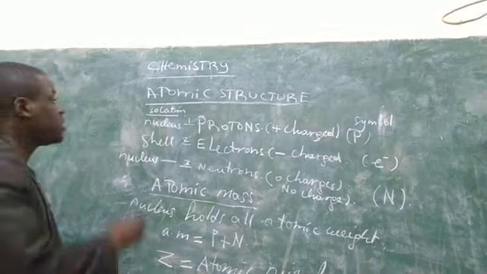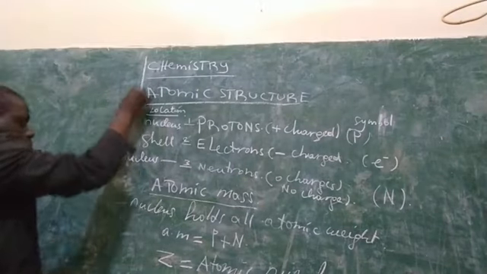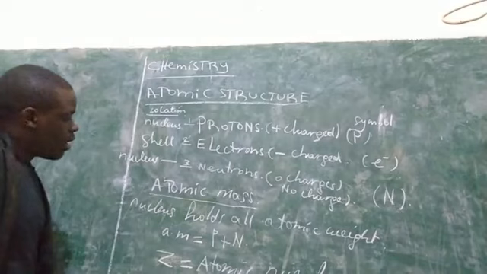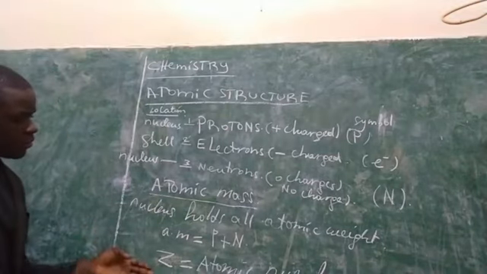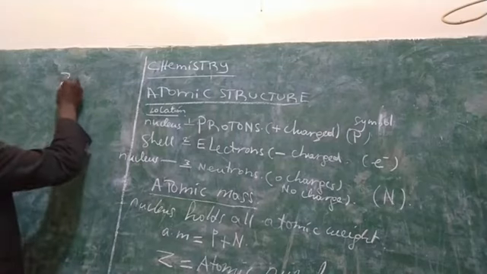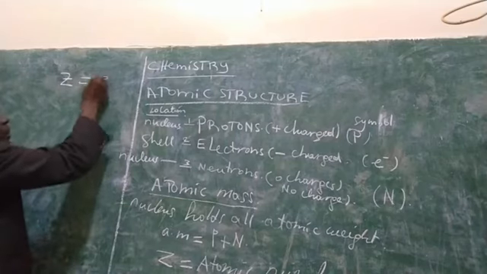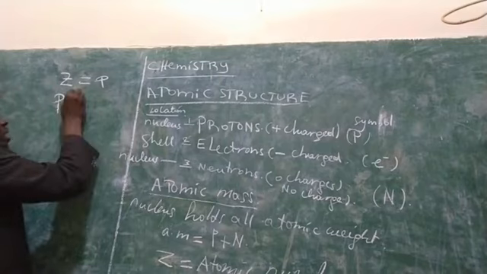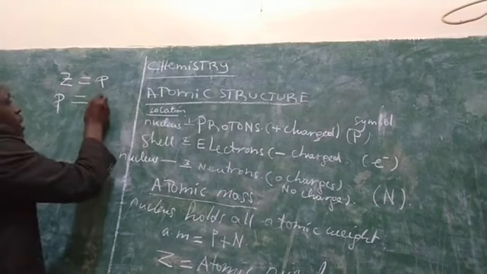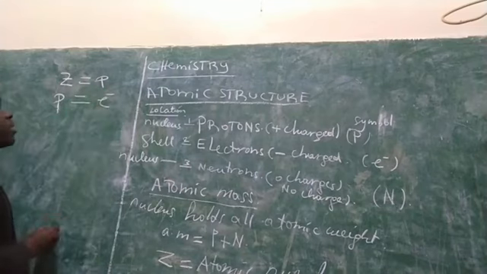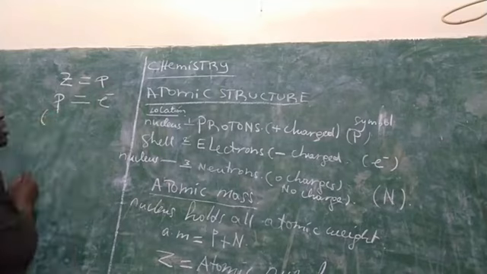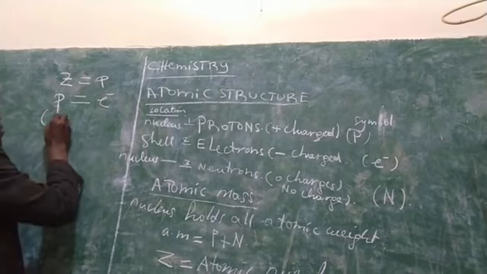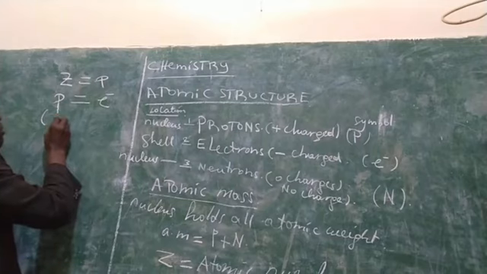So if we say here Z, it is equal to P, and P, it is equal to the number of electrons under the condition that the atom is neutral.